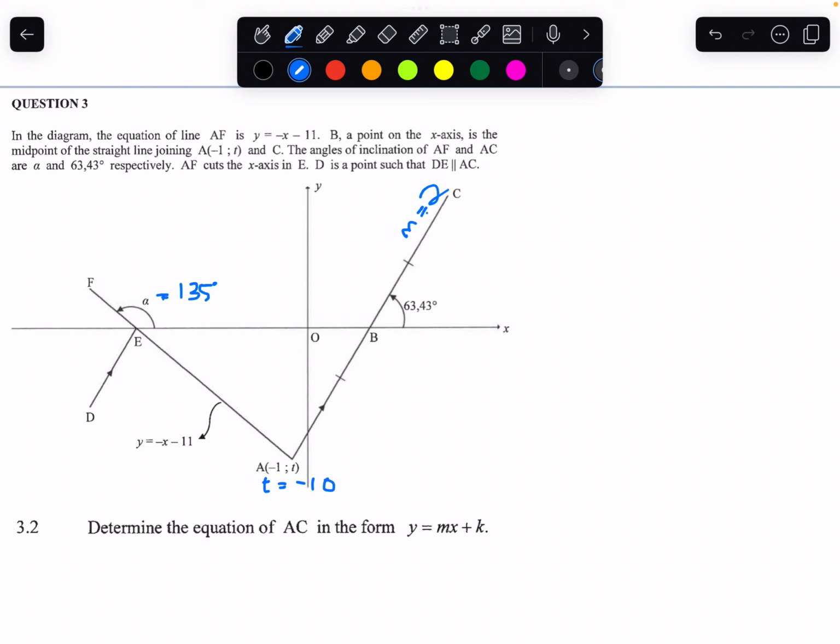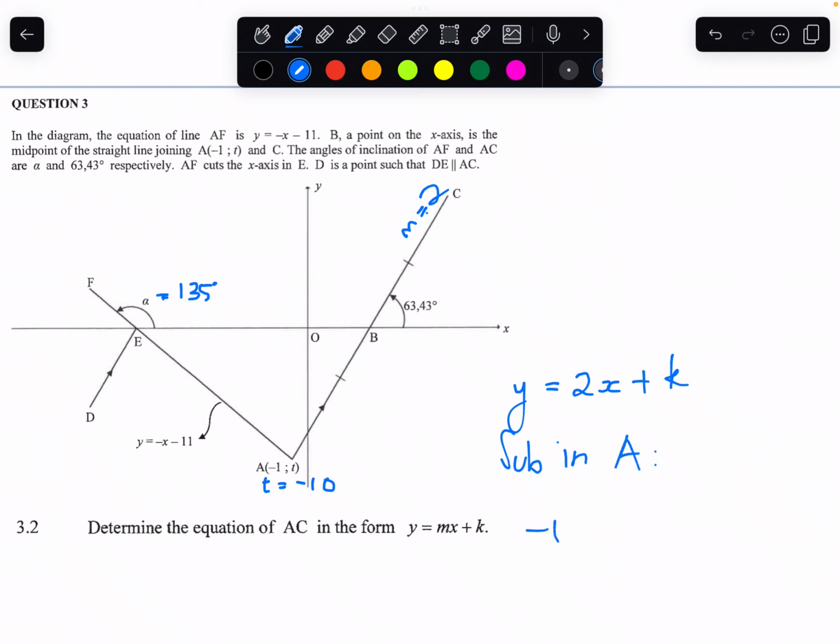So determine the equation of AC in the form y is equal to mx plus k. Okay, so we know that its gradient is 2, and then we have a point on the line which we can sub in to figure out what k is.